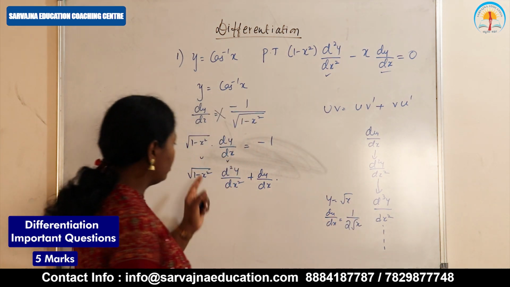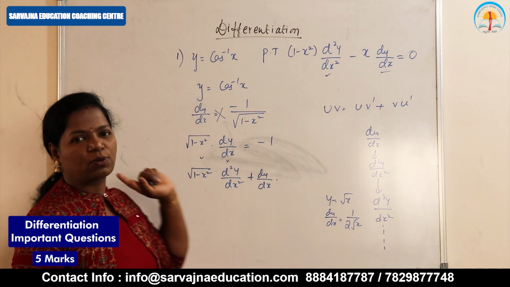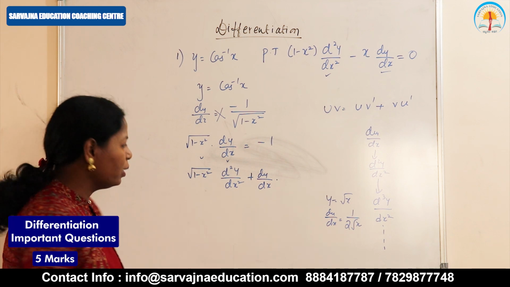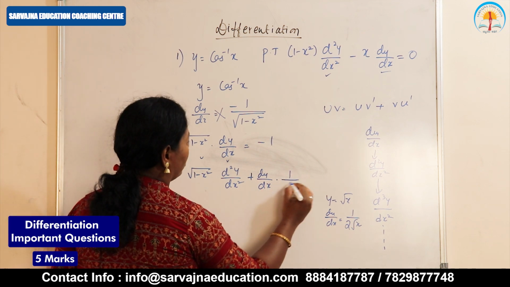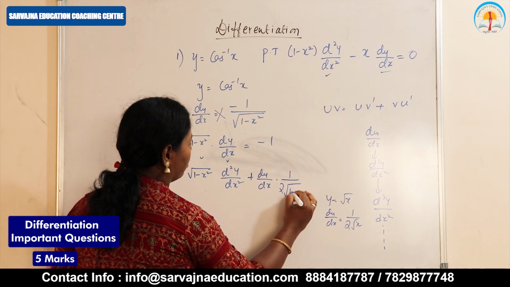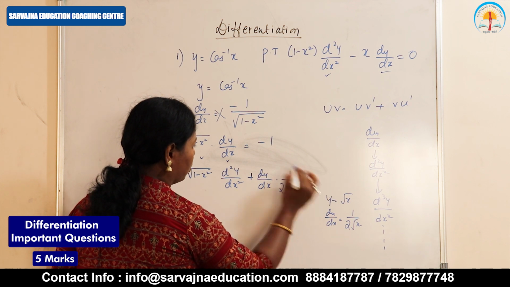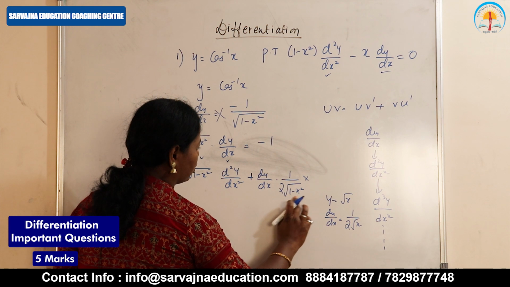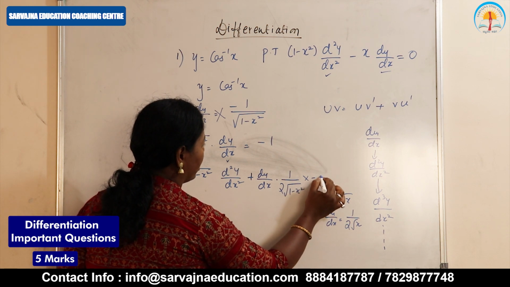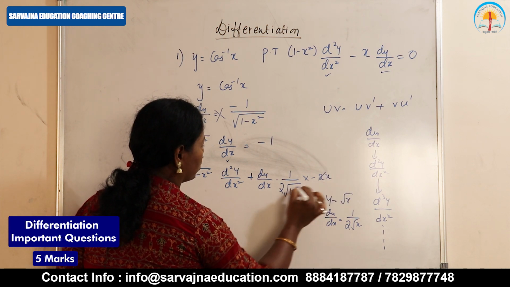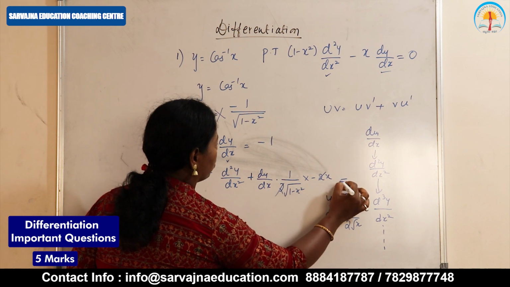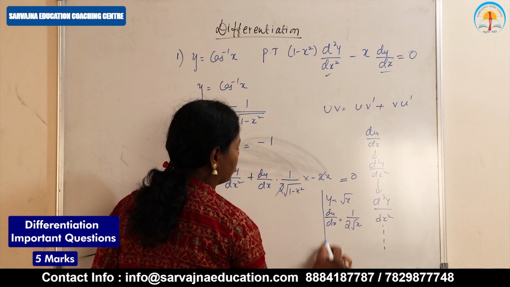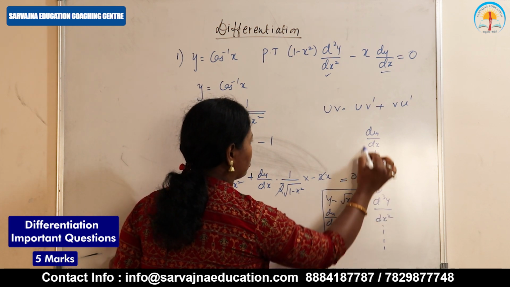But here the differentiation of root 1 minus x square is 1 by 2 root 1 minus x square, into the differentiation of 1 minus x square, which is minus 2x. The 2 gets cancelled. And the differentiation of minus 1 is 0. I'll put a separation here.